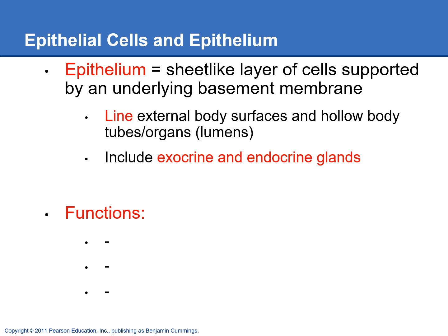So anything that's hollow inside the body is going to be lined with an epithelial layer. If you think about the inside of your blood vessels, intestines and stomach, airways, lungs, heart, bladder, any of the hollow areas inside your body are going to be lined with epithelial tissue. Epithelial tissue also lines the outside of your body and makes up your skin as well.